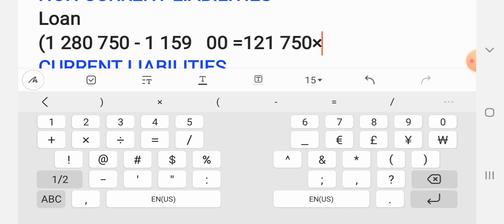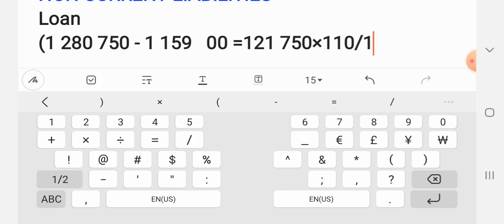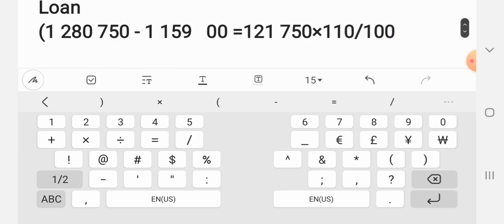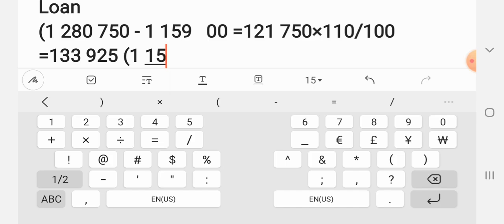You multiply by 110, divide by 100, and that is going to give you 133,925, which you will subtract from the 1,159,000. It's no longer part of the non-current portion because it will be paid next year.